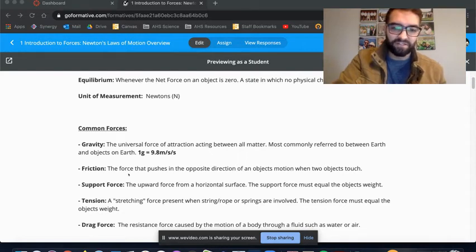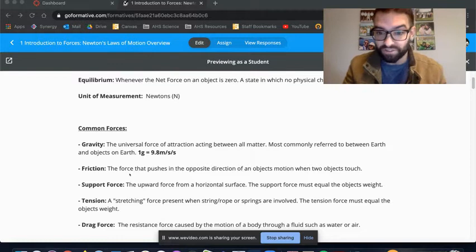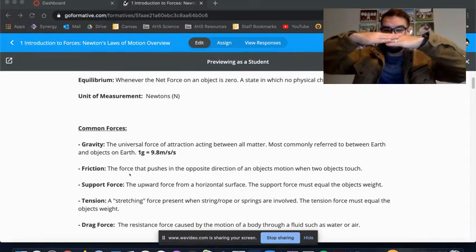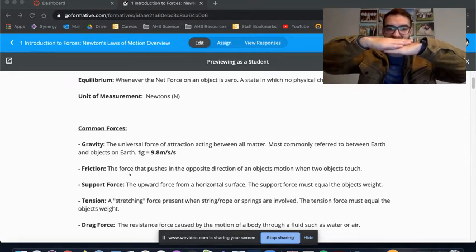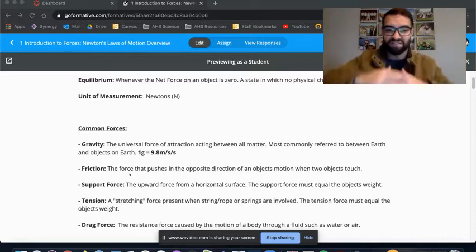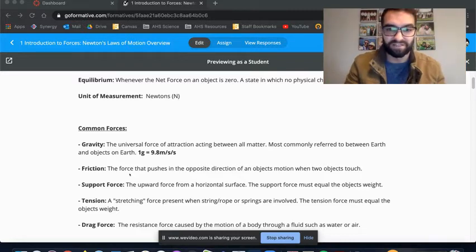With friction, it's a force that pushes in the opposite direction of an object's motion when two objects touch. Okay, there is friction between my hands. My hands are touching, they're going in opposite directions, and therefore friction is present. We use this with our shoes.